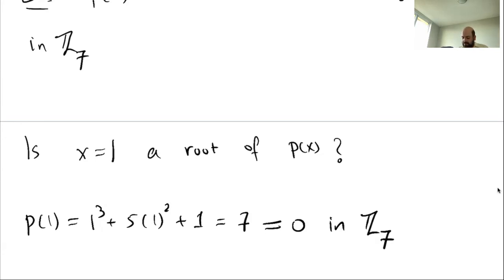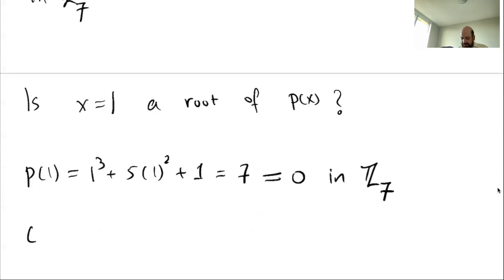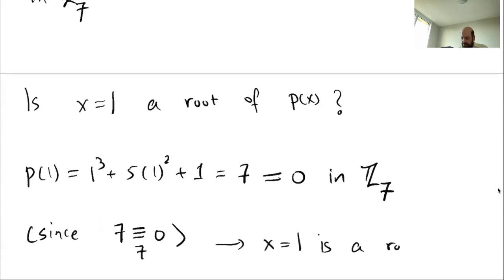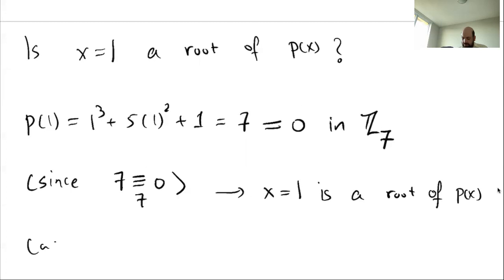So this is equal to 0 in Z7 since 7 is congruent to 0 mod 7 because 7 divides 7 minus 0. And therefore that means x equals 1 is a root of P of x as a polynomial in Z7.